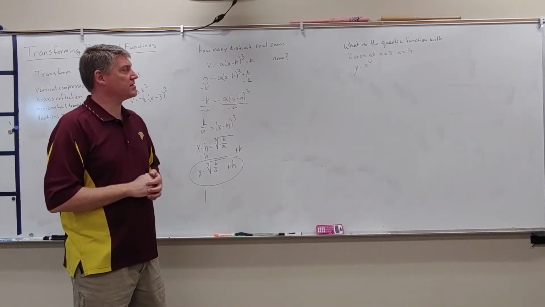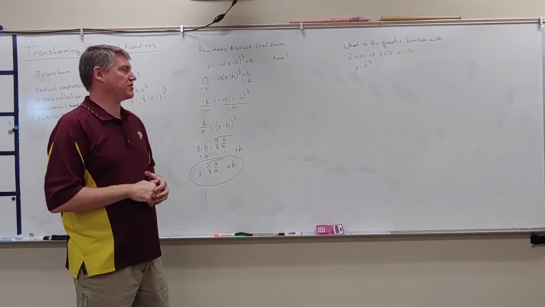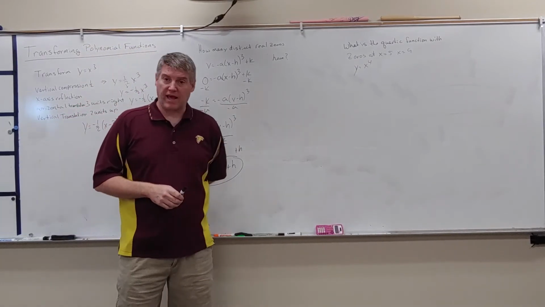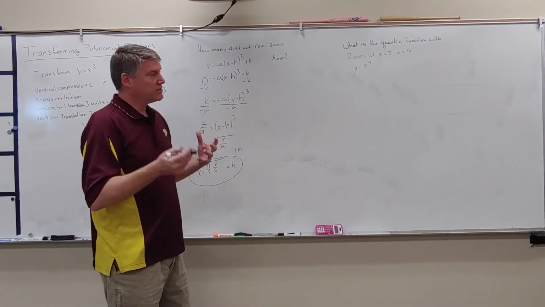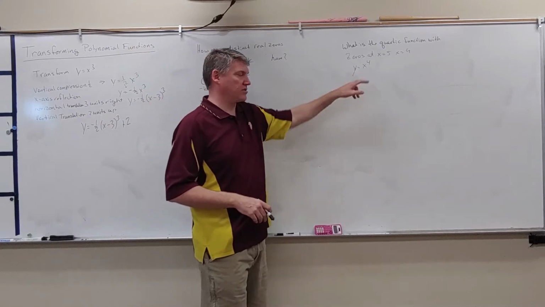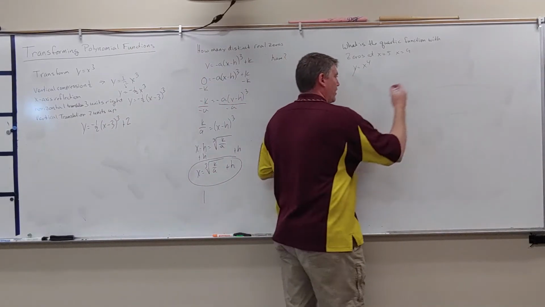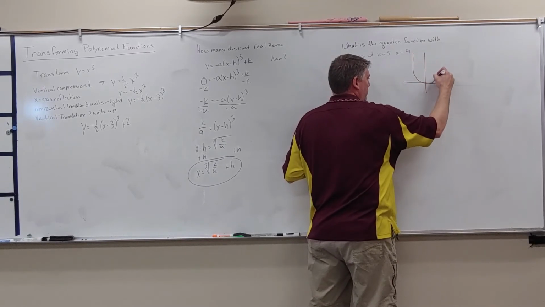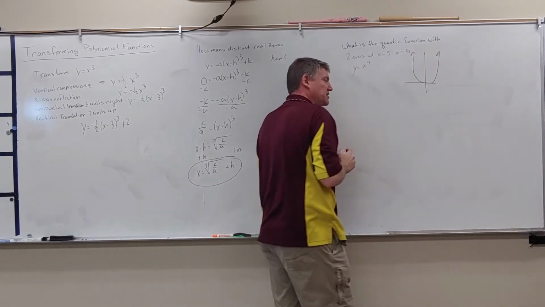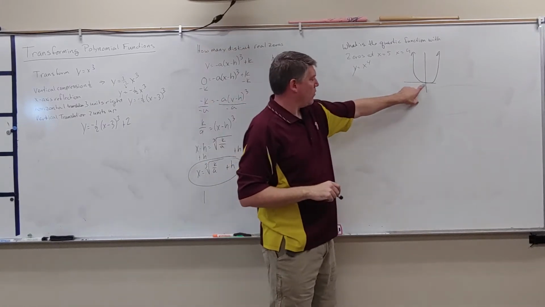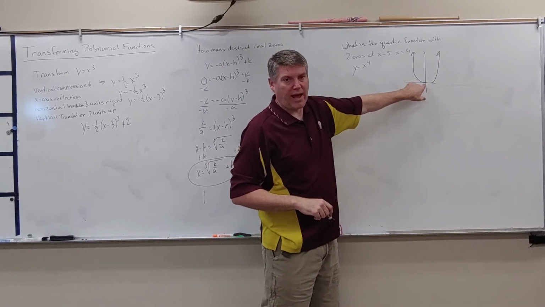So the next thing is, what is the quartic function with zeros at x equals 5 and x equals 9? So we have to understand what an x to the 4th power looks like. It almost looks like a parabola, but it's kind of thinned out and goes up. So it's very similar to a parabola. Now, when we start, we only have a zero at 0.